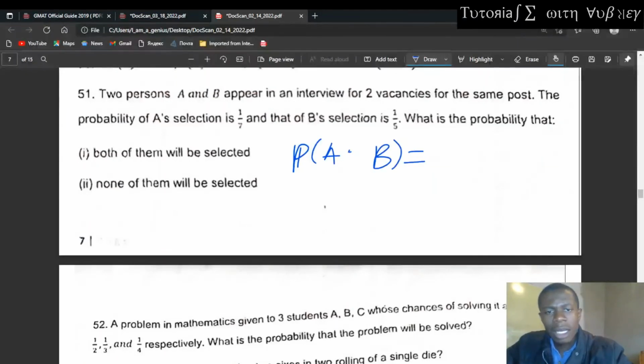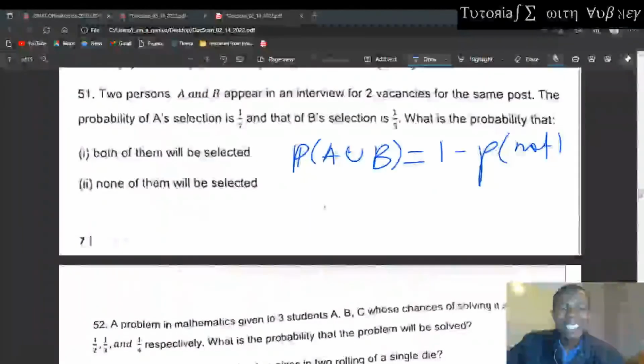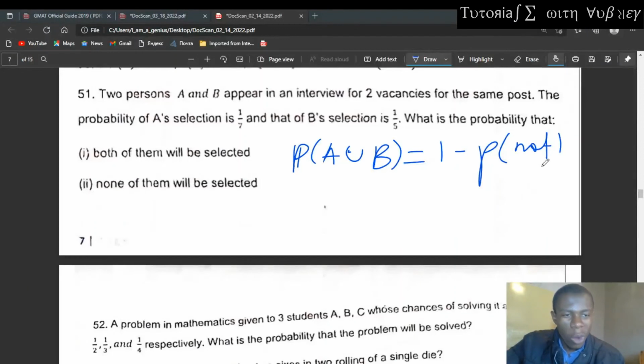Which will be 1 minus the probability of not being selected, right? So that is the same approach as the previous question. Probability of both of them being selected is equal to 1 minus the chances of them not being selected, which we've previously discussed.